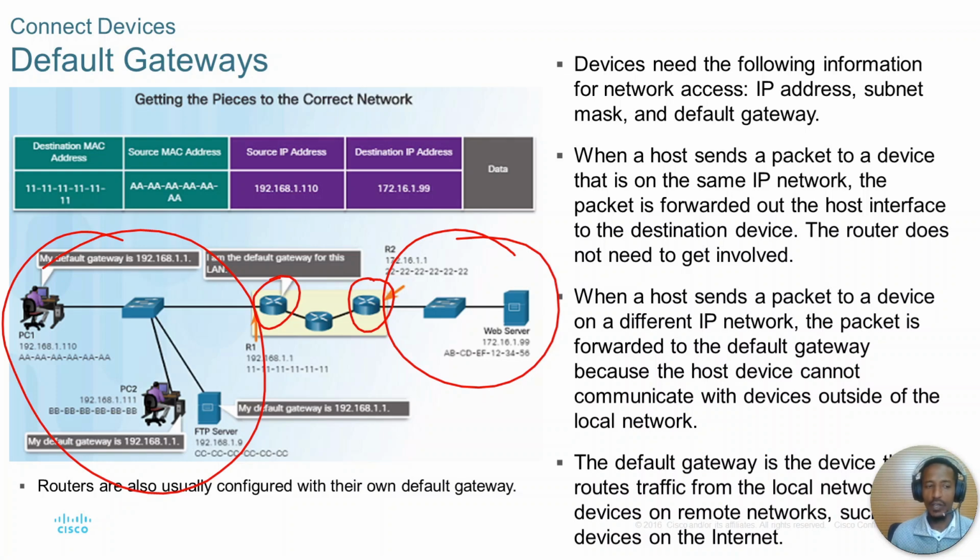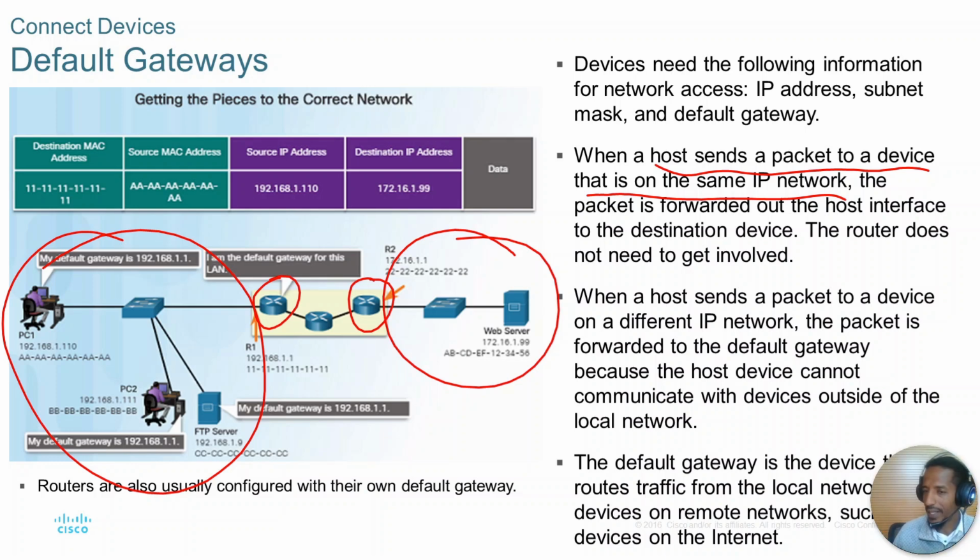Let us go to the steps. The first step is what? The host sends the packet to the device on the same IP network. Then that packet is going to be sent to the default gateway. The default gateway will send it to the outside world.